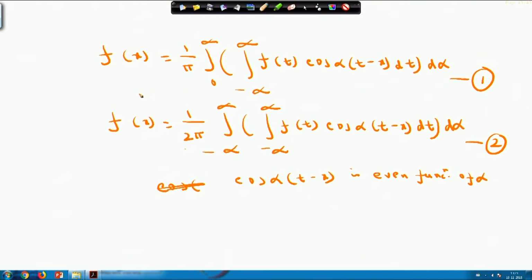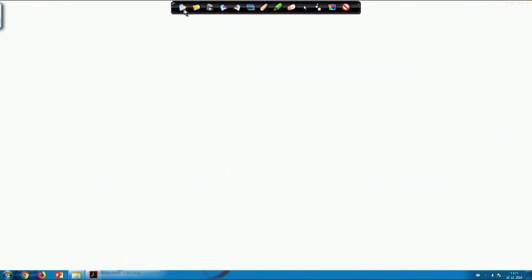So, I had the original representation of f(x) as this, and since cos of alpha into (t minus x) is an even function, this 0 to infinity can be replaced by minus infinity to infinity, and 2 will be divided over here. Again, you know that sine of alpha into (t minus x) is an odd function of alpha.